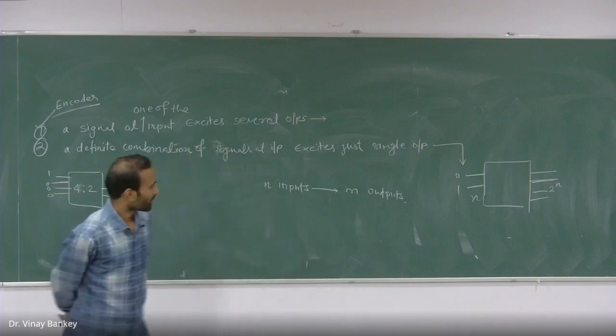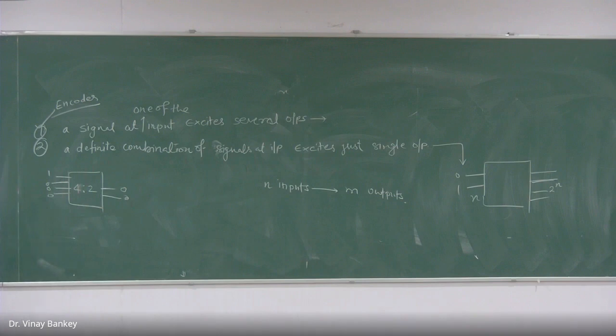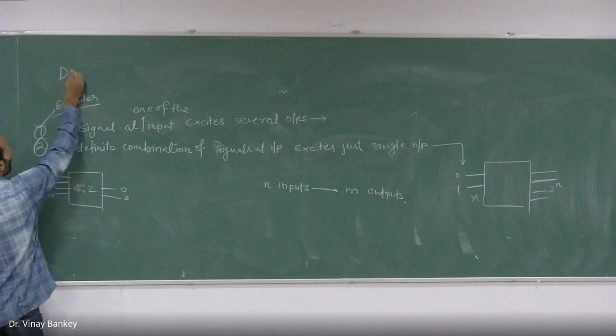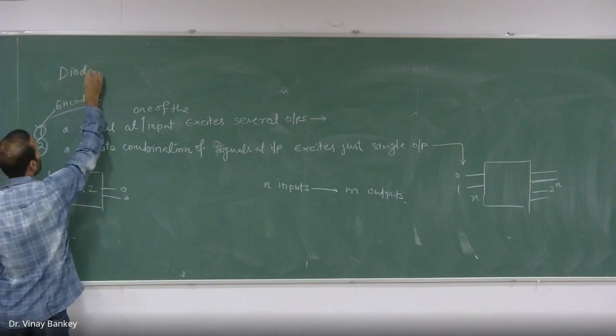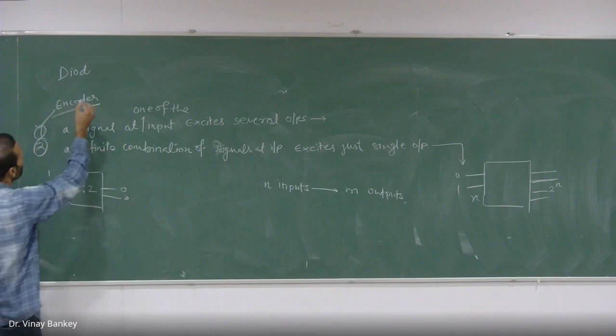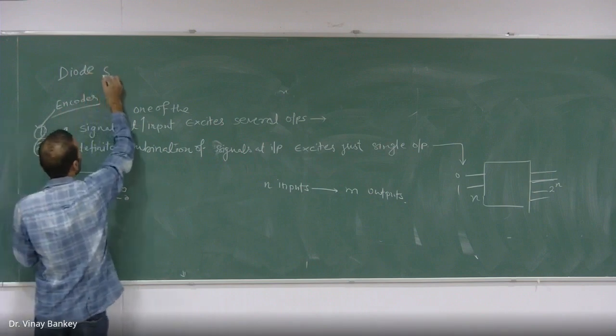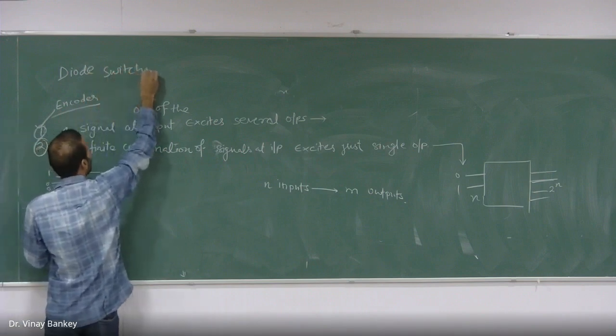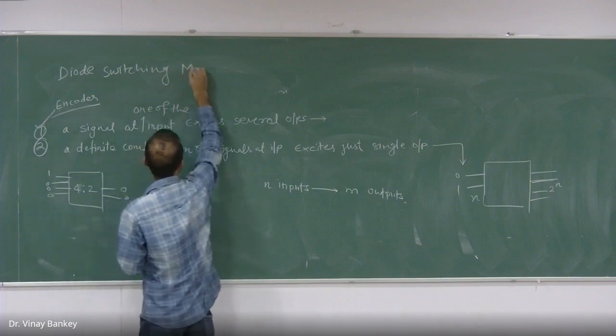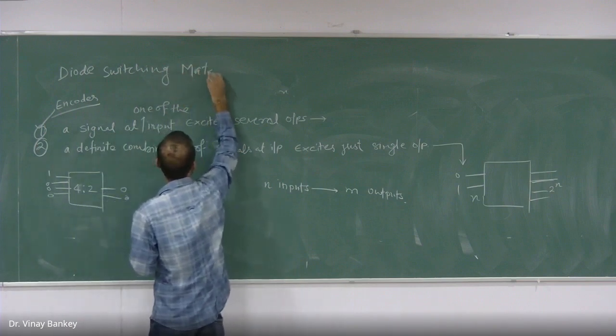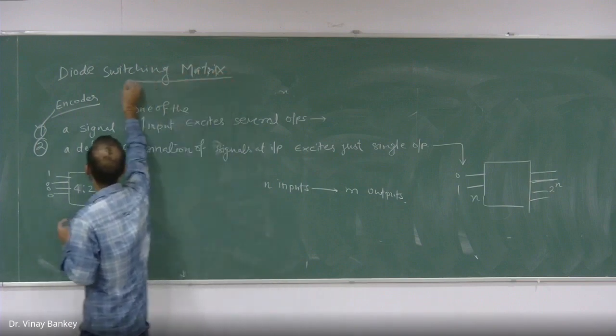Here comes the picture of what? Diode switching matrix. So this is the use of diode switching matrix. What is the spelling of diode? This is diode switching matrix.